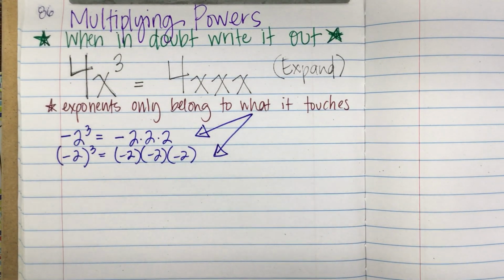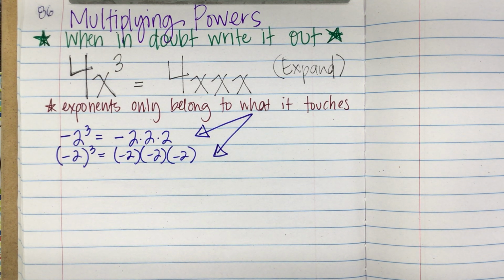There is a difference. The solution might not vary, depending on what the problem is. But whether or not that negative travels is important. And that negative only travels with it if it's inside parentheses.